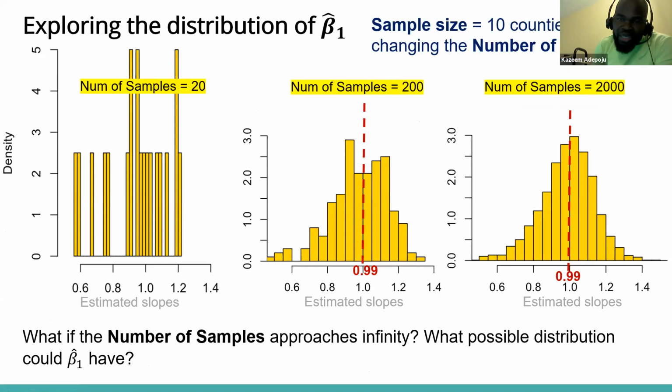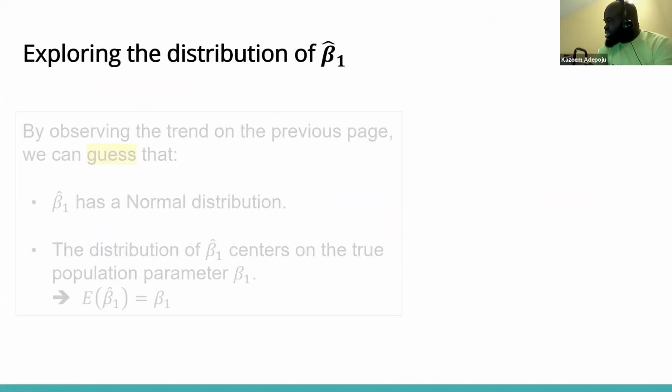Of course, 200 is not perfect. Look at the shape. It is 2,000 that is perfect. But we can still stay within 200 repetitions and change our sample size from 10 to 20. And that will give us a better shape. That's exactly what we do right here.